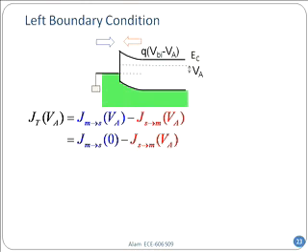So therefore, this doesn't depend on voltage. So instead of writing J_M→S, metal to semiconductor at V_A, I could just say that thing doesn't change with respect to voltage, and therefore I can set it to voltage equals 0. Same value, that's what I'm saying. Okay?